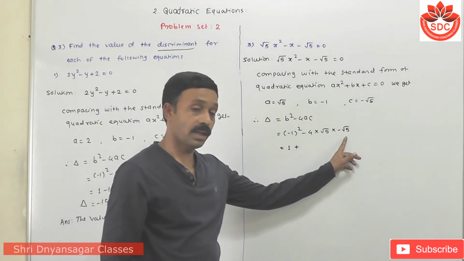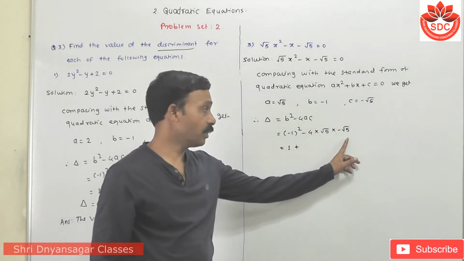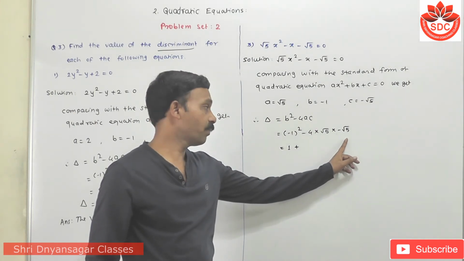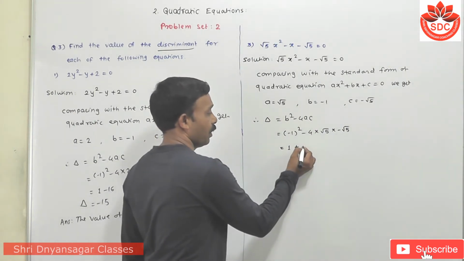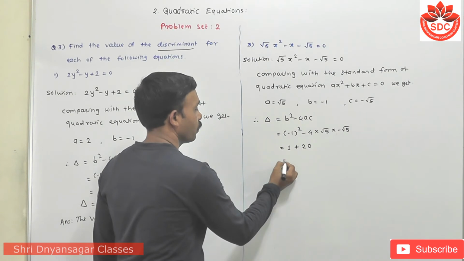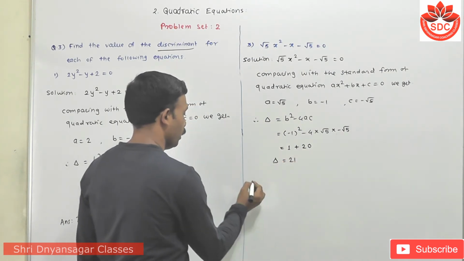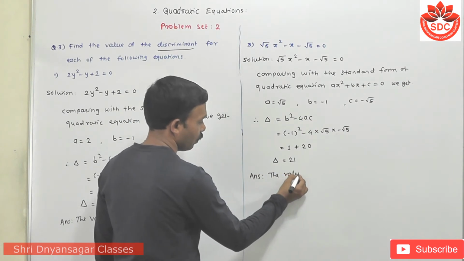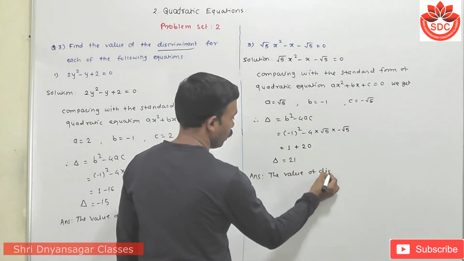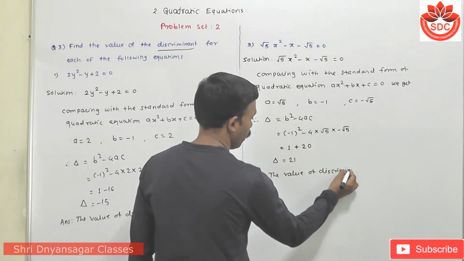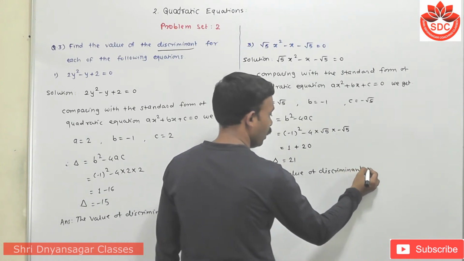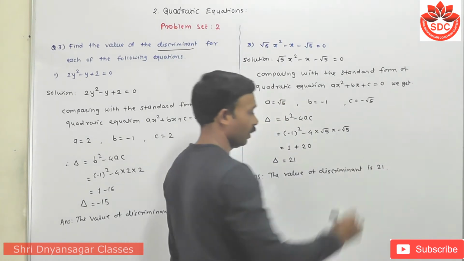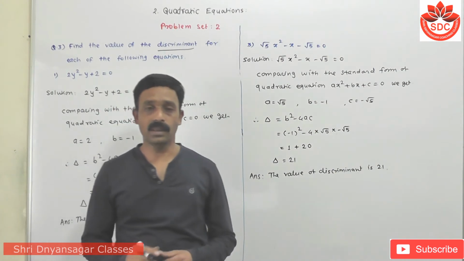Root 5 into root 5 is root 25, which is only 5. 5 fours are 20. 20 plus 1 is how much? 21. Therefore, the answer in a full sentence: therefore, the value of the discriminant is 21. Can you understand this? We see the next question.